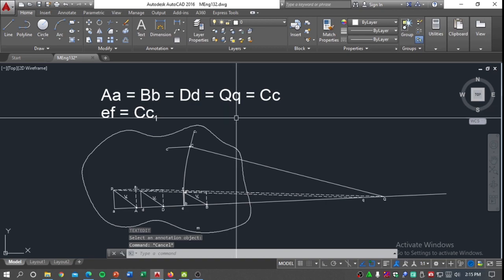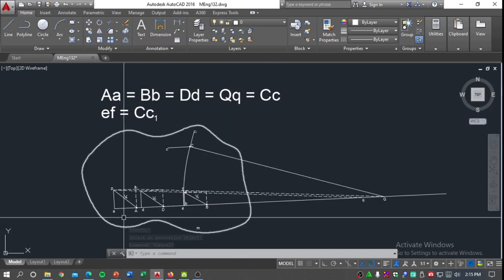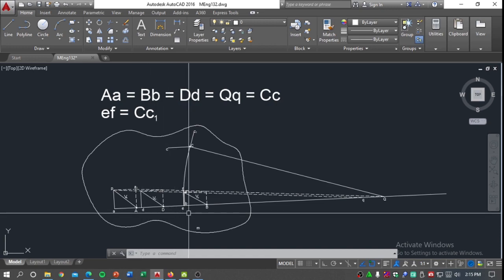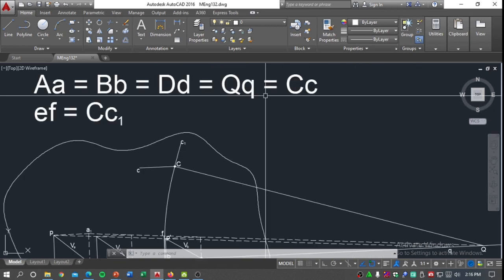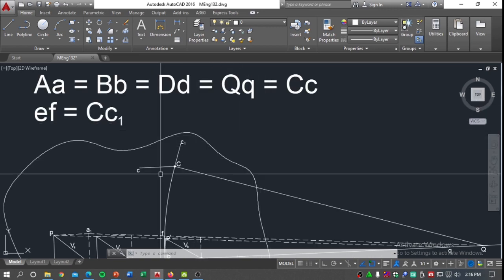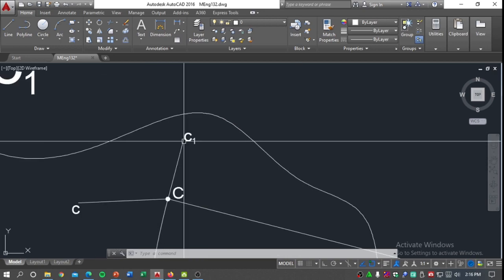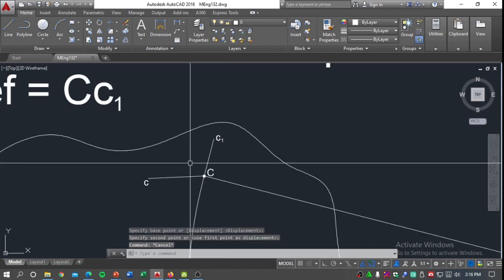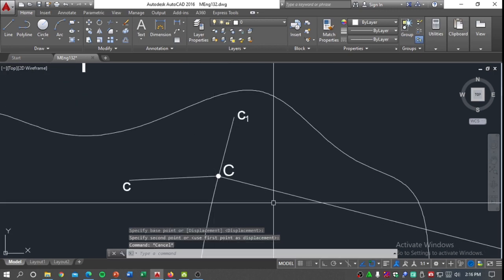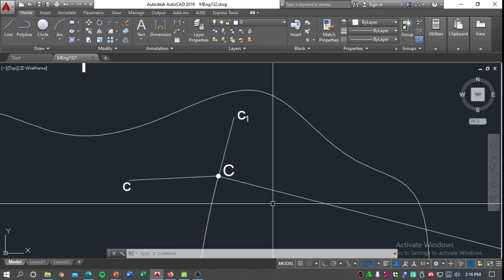Okay, so the components of the length BB and Q is equal to the component CC. So as a result, we now have two components. Since we now have components, we can now get the resultant of these two components.